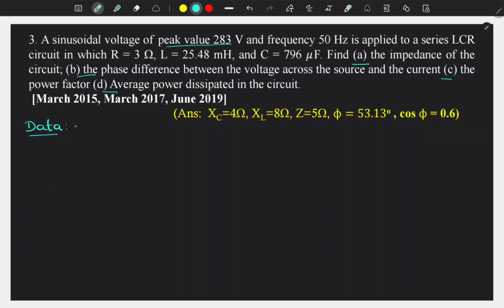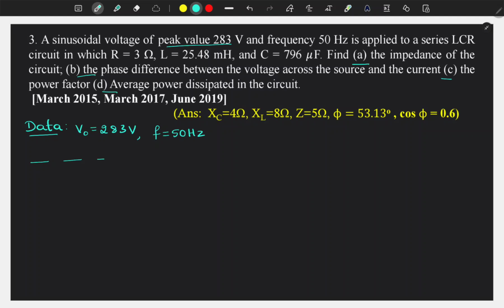Here the peak value is given, that is 283 volts, and the frequency is 50 hertz, applied in a series LCR circuit.